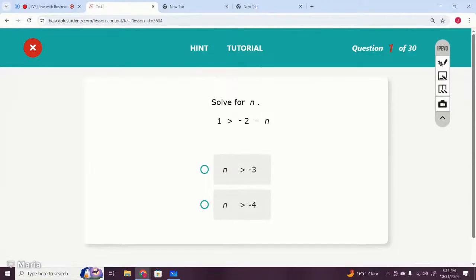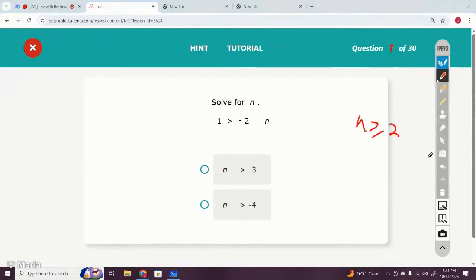1 is greater than minus 2 minus n. So 1 plus 2 is greater than negative n.